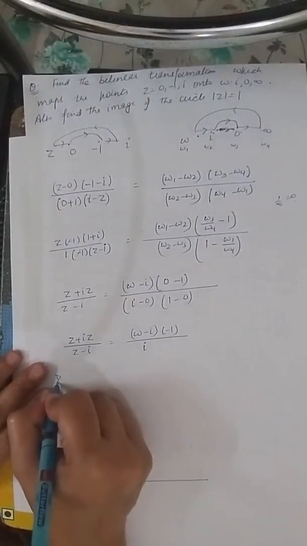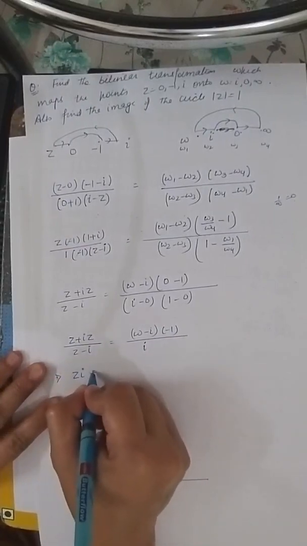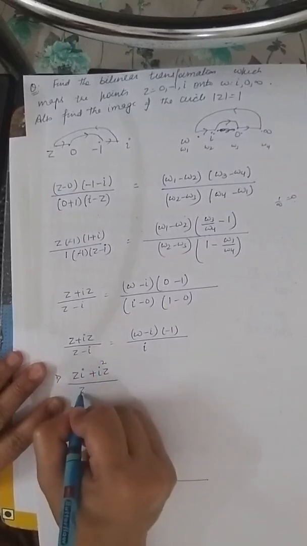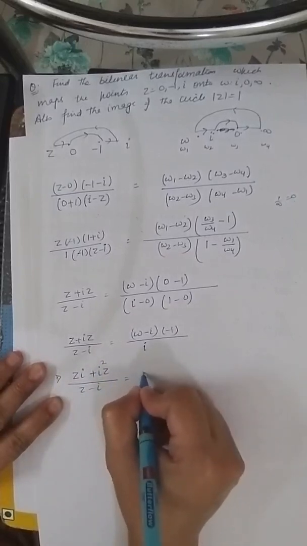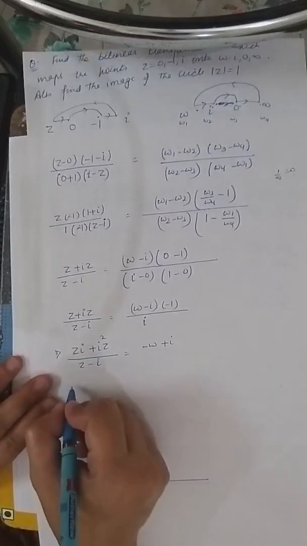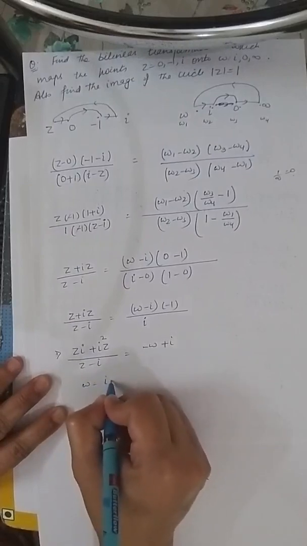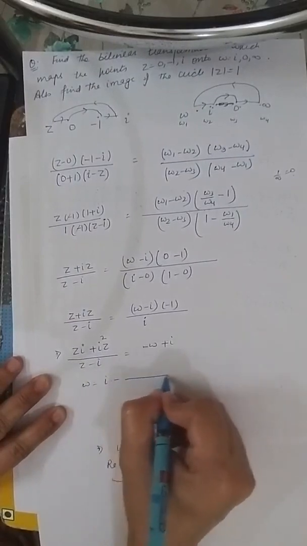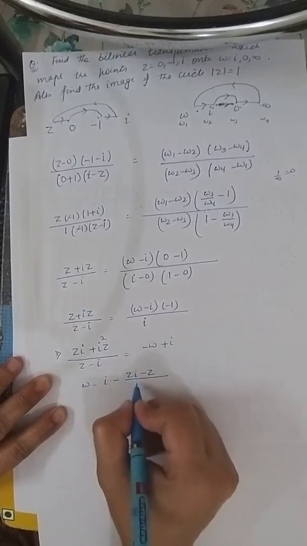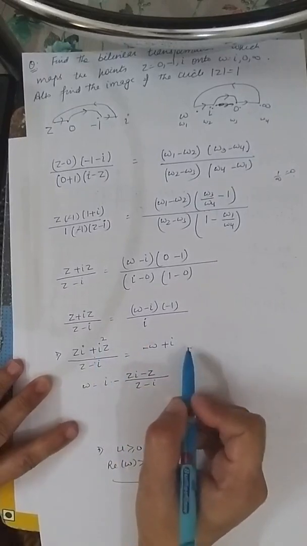Cross multiply by ι. This will give you (zι+ι²z)/(z−ι) is −w+ι. That is w equal to ι − (zι−z)/(z−ι). I have taken this term to the right hand side.